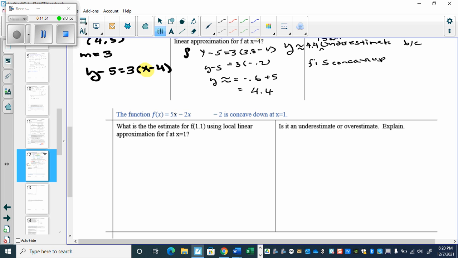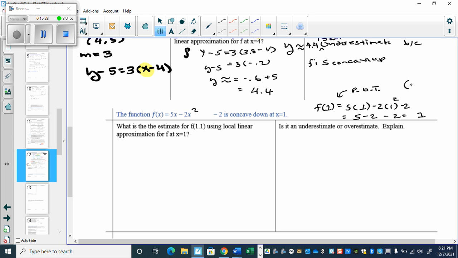We have the function 5x squared minus 2x minus 2, which is concave down at x equals 1. So my point of tangency, f of 1, is 5 times 1 squared minus 2 times 1 minus 2, and I get 5 minus 2 minus 2, which is 1.